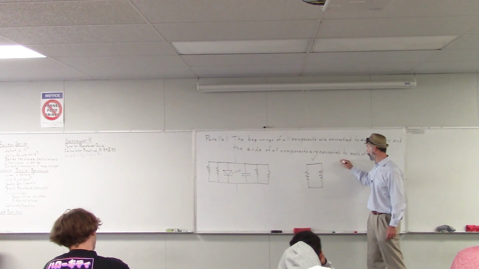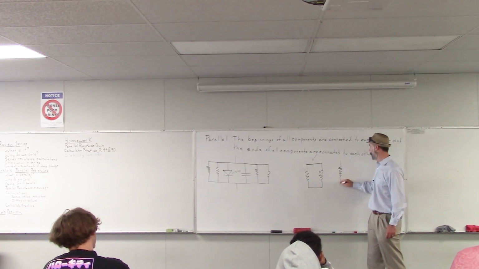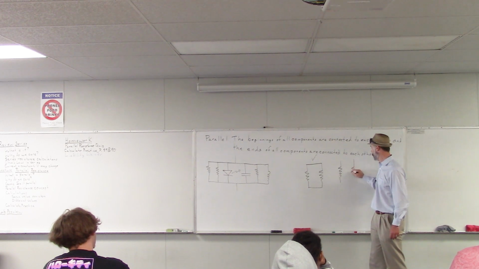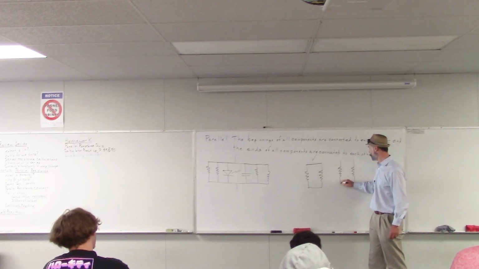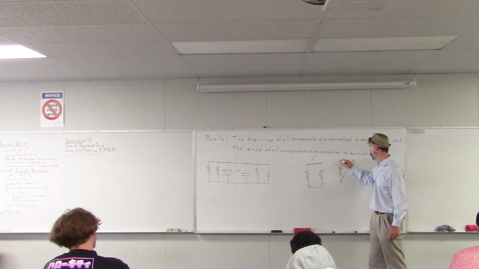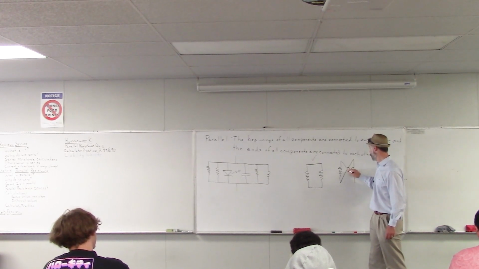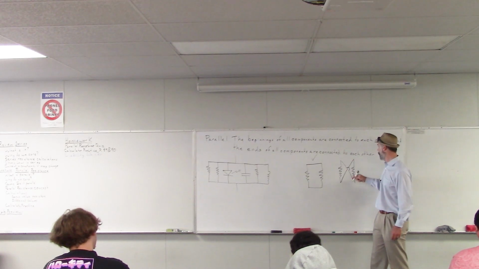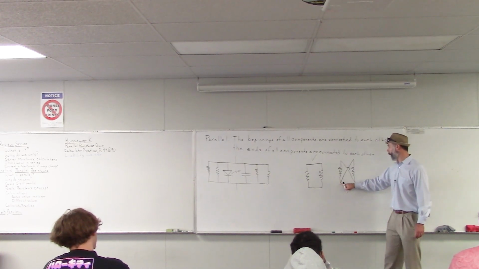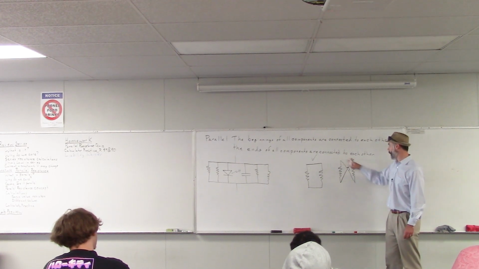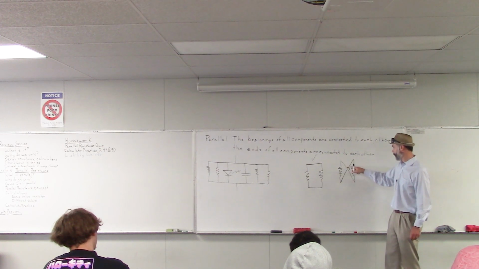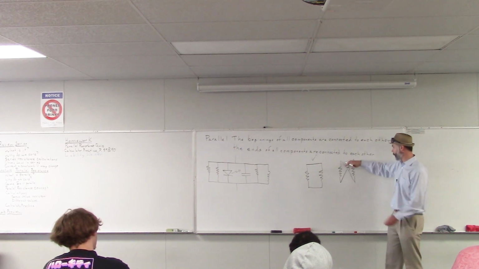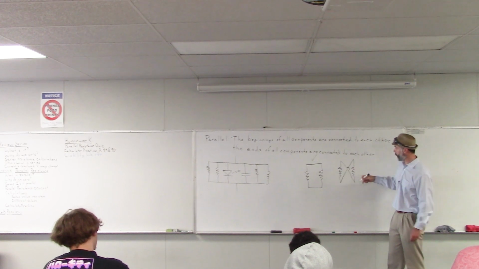What if we have a circuit like this? So we've got a wire going from here to there, and then another wire from there to there. This little hoop thing in the middle means that those two wires are not connected to each other there.